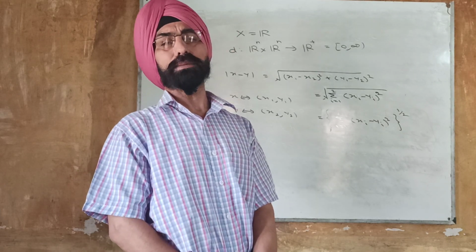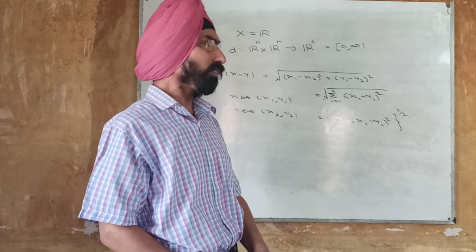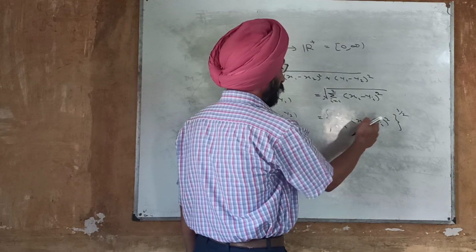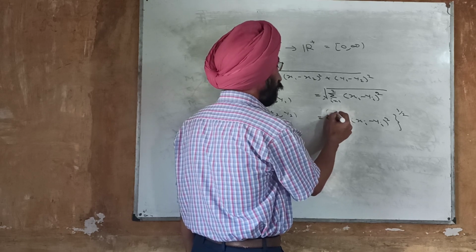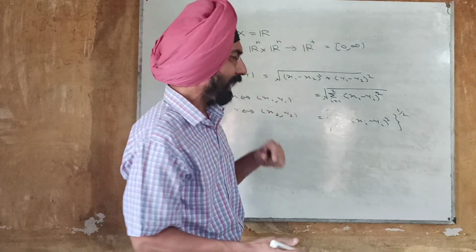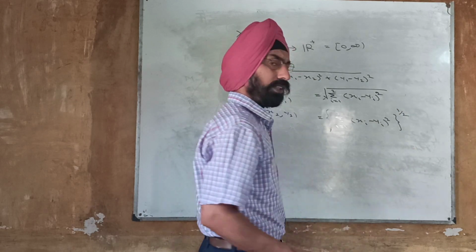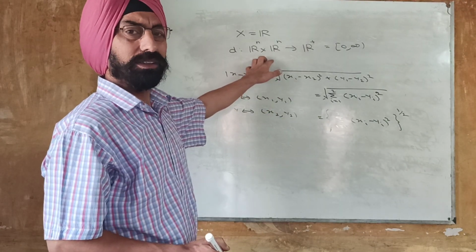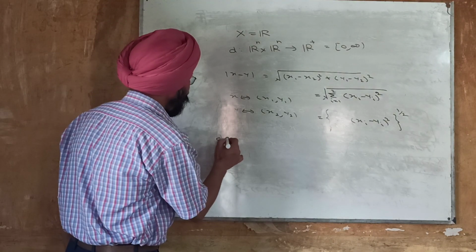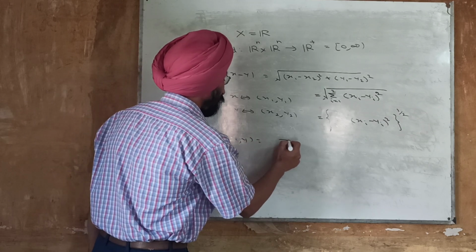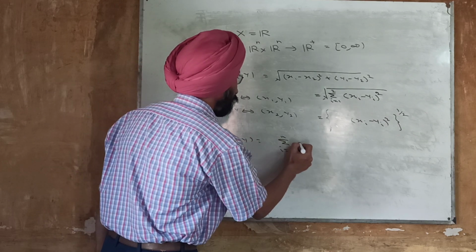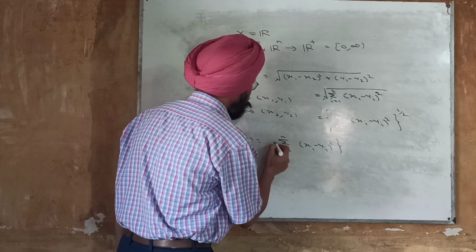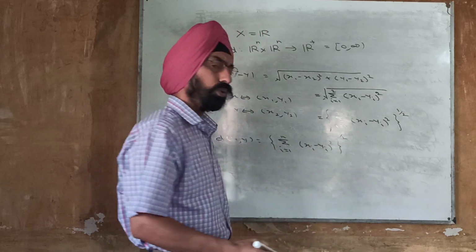If we move on to 3-dimensional geometry, that means solid geometry, what will happen? We will have the distance x i minus y i square, where i varies from 1 to 3 now, because now we will have 3 coordinates, and the power will be 1 by 2 again. So if we move on to n dimensions, our d of x y will become sigma, i varying from 1 to n, x i minus y i square, raised to the power 1 by 2.